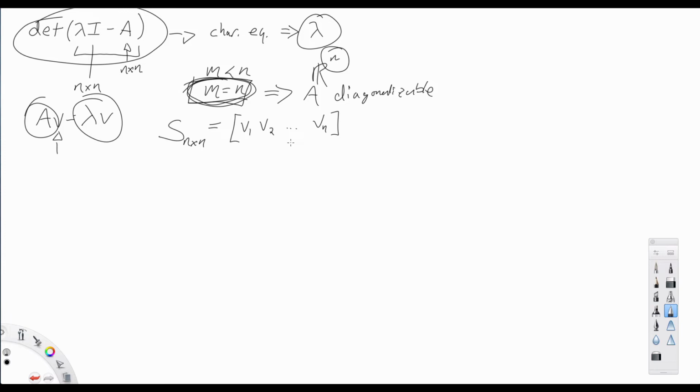And if we were to take this matrix and pre and post multiply A, it will give us a very special result.